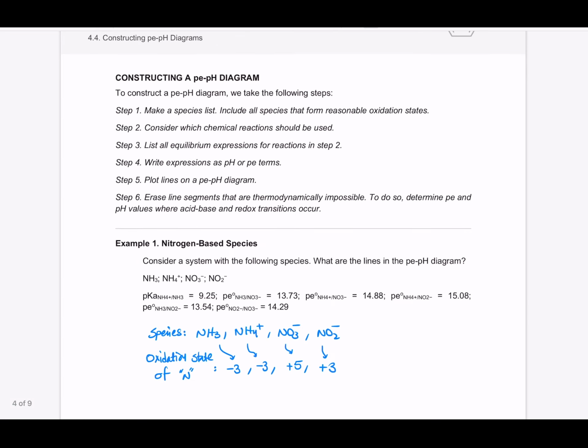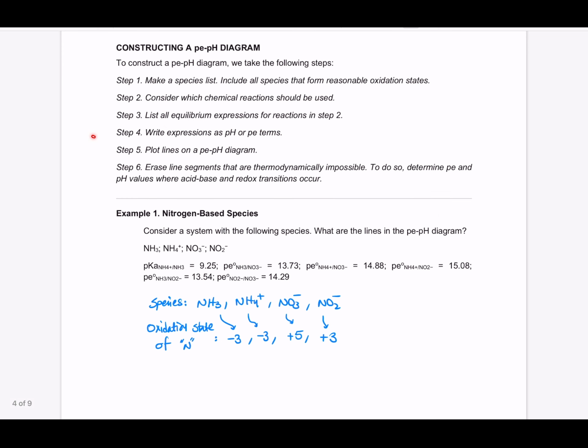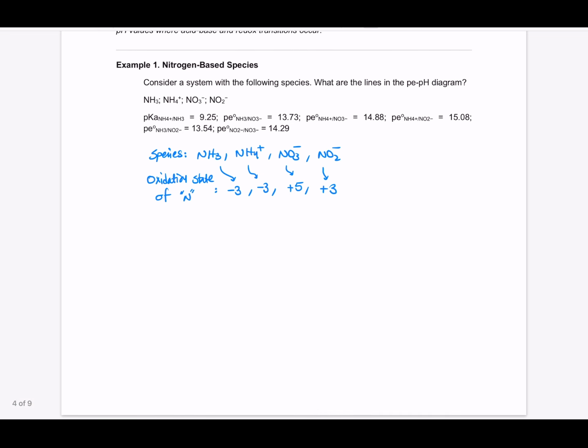So what we did was basically the first few steps. And now we want to do step 3, list all equilibrium expressions for what we identified. And then later, just rearrange it in a way that it's a pe-pH. So we're doing up to part 4. The next part would be reactions. The first reaction is acid-base, ammonium going to ammonia plus H plus. So this would be pKa.